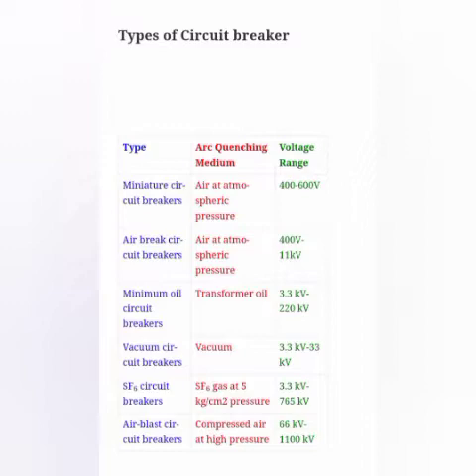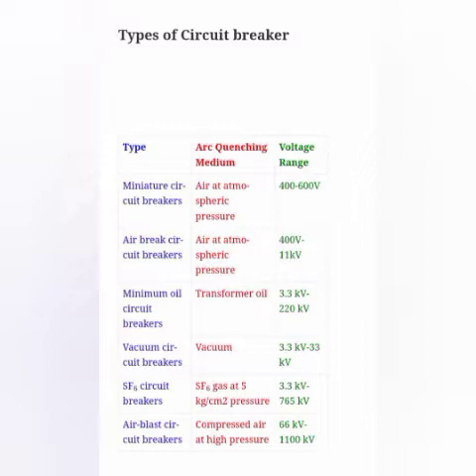The vacuum circuit breaker, 3.3 kV to 33 kV. Nowadays vacuum circuit breakers are used up to 72 kV also. The SF6 breaker is normally used on the indoor and outdoor side, from 3.3 kV up to ultra high voltage of 765 kV. Then the air blast circuit breaker, 66 to 110 kV.